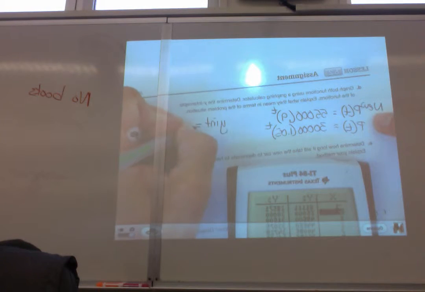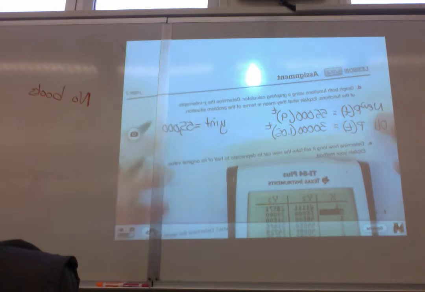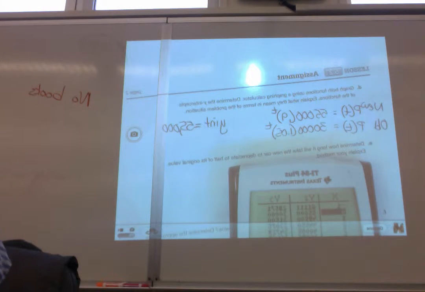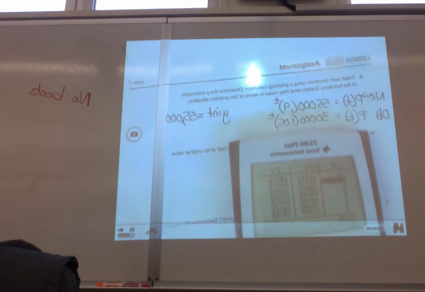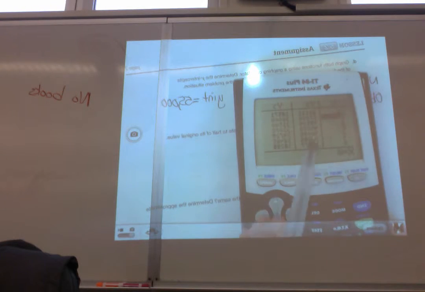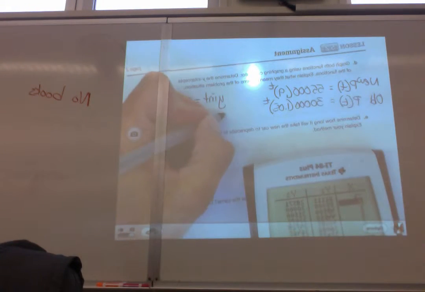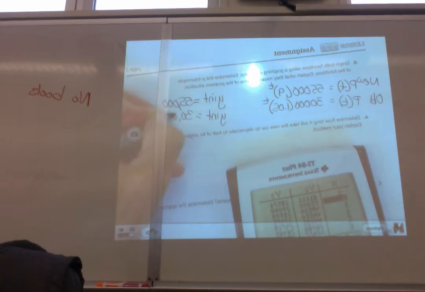Y-intercept equals 55,000. We found it because we knew that the y-intercept is at the place where x is 0. It's on the y-axis. You're not to the right and you're not to the left. Y-intercept for the other function is 30,000.